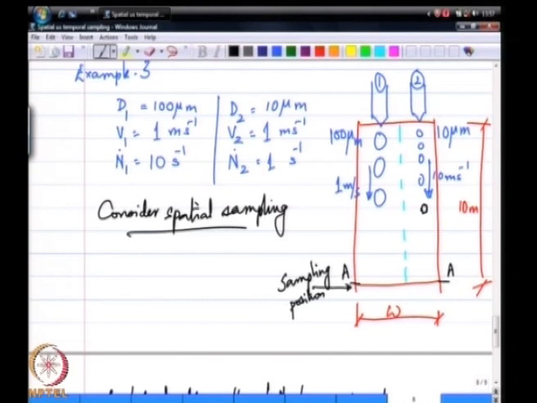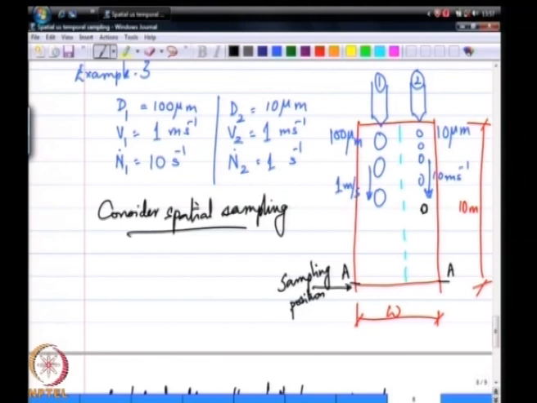So, essentially I have 10 drops that are 10 microns in size, and 10 drops that are 100 microns. The spacing between 1/10. So, I will have 100 drops that are 100 microns in size.